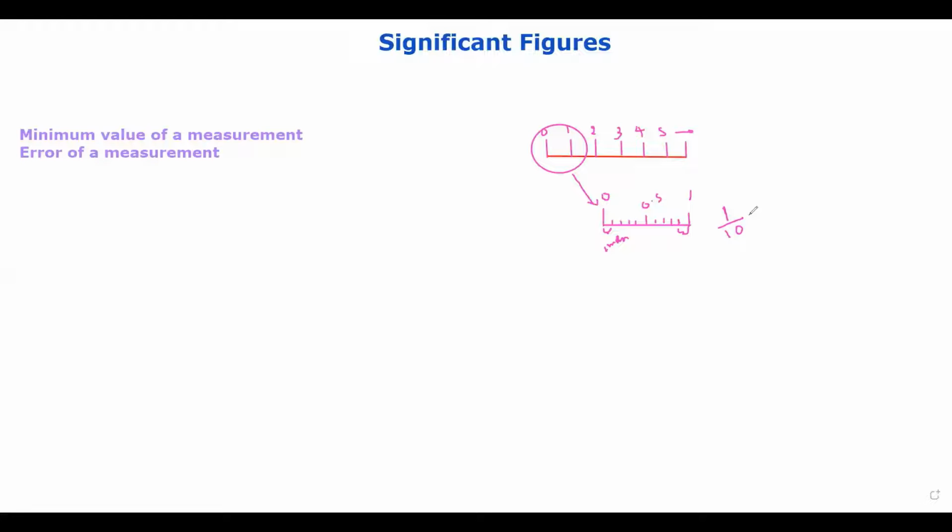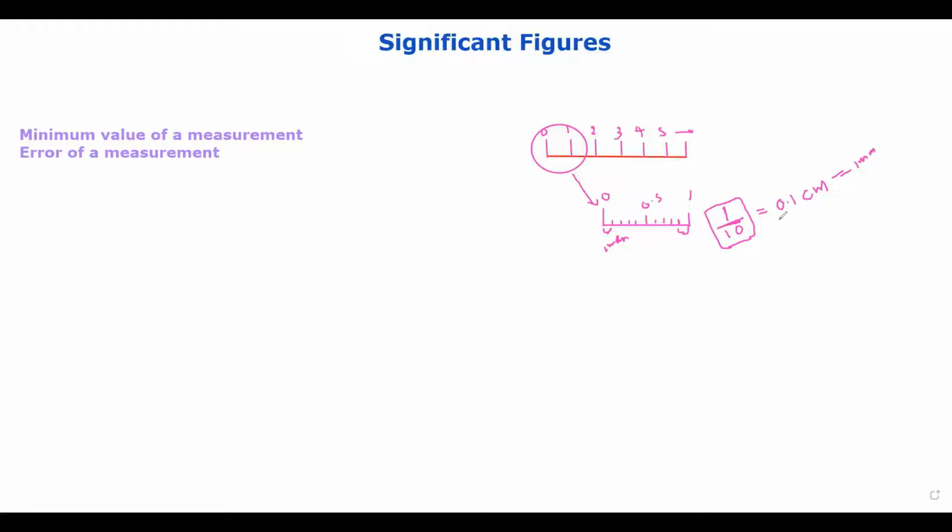So what is the minimum value? Here, 1 part is the minimum value. There are 10 parts in the whole scale, within a centimeter. So the minimum value is 0.1 centimeter, which means 1 millimeter.